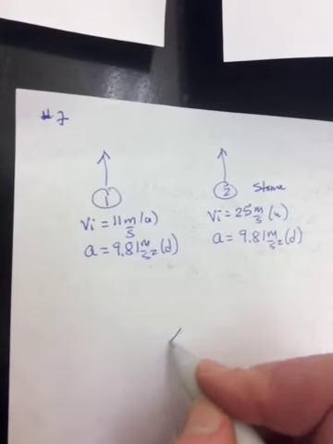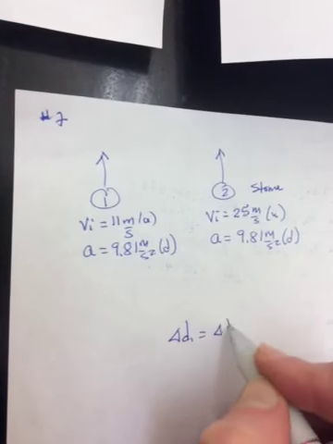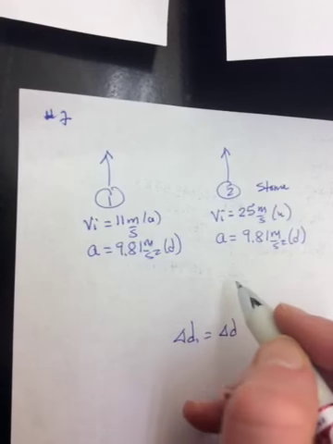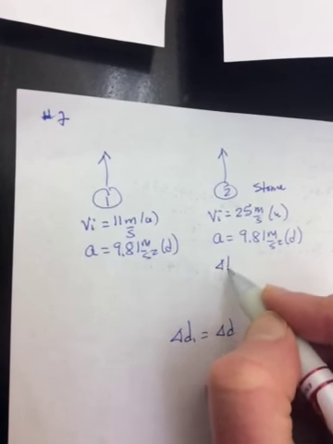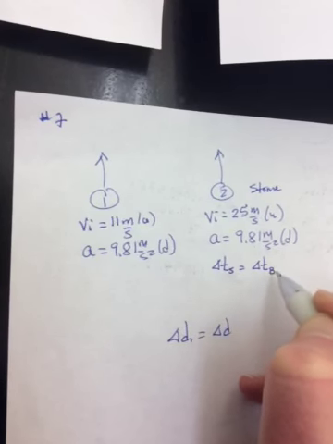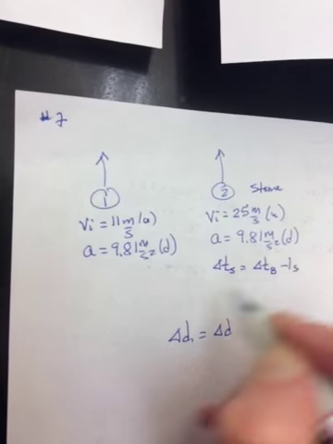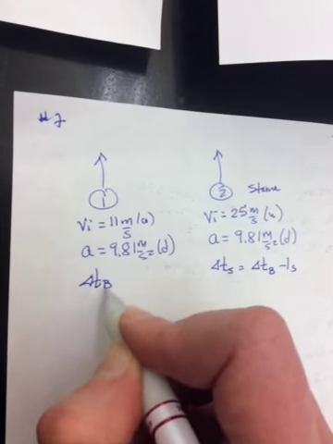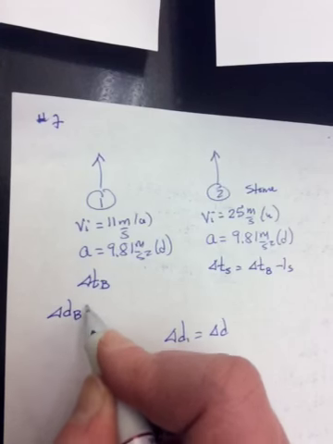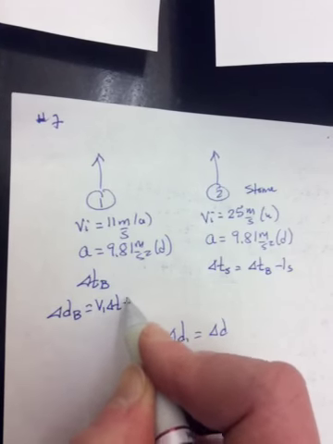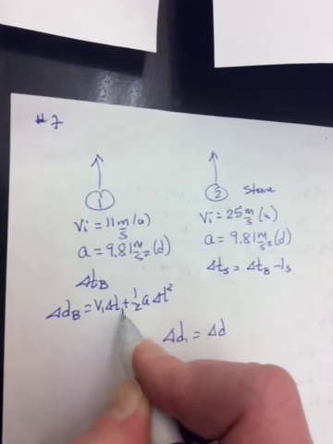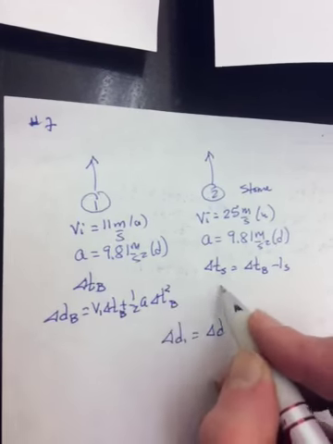Okay, so when it catches up, D1 should be equal to D2. The problem is the second one is thrown 1 second later. So delta t of the stone is equal to delta t of the ball minus 1 second. So again, delta d of the ball will be vi delta t plus 1/2 a delta t squared, this is ball and ball.